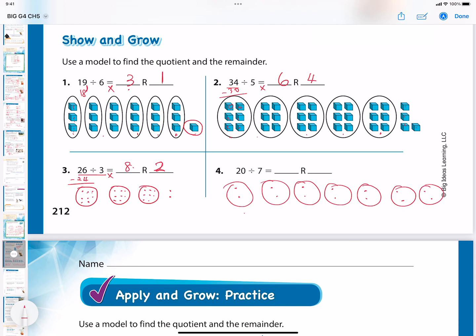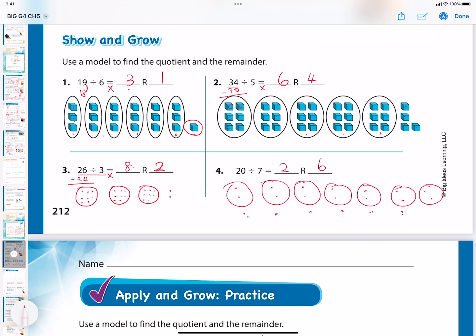And 15, 16, 17, 18, 19, 20. Oh, we need 21 to put one more into each group, right? But we do not have enough because our total number is what? 20. So our remainder is what? 6. And in each group, they have only 2, right?